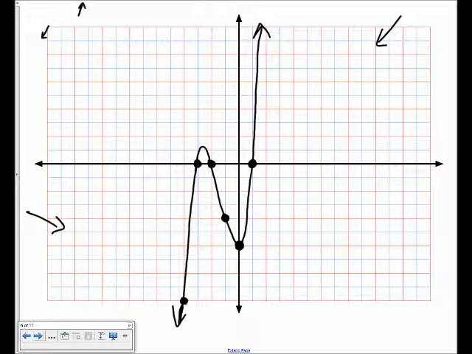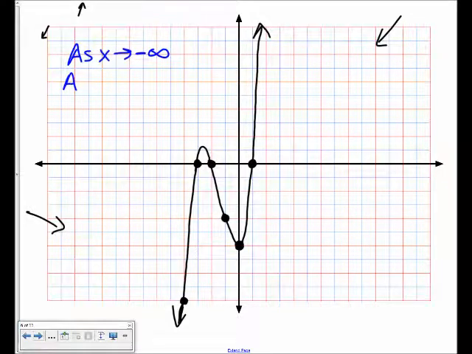And that should look, as we talked about on Monday, like a cubic polynomial that has a positive leading coefficient going from bottom left to top right. So again, if you're thinking about the end behavior that we discussed on Monday, we would have as x approaches -infinity, so that means moving to the left on the x-axis, your function is going to be moving towards -infinity, so f of x is moving to -infinity as well.